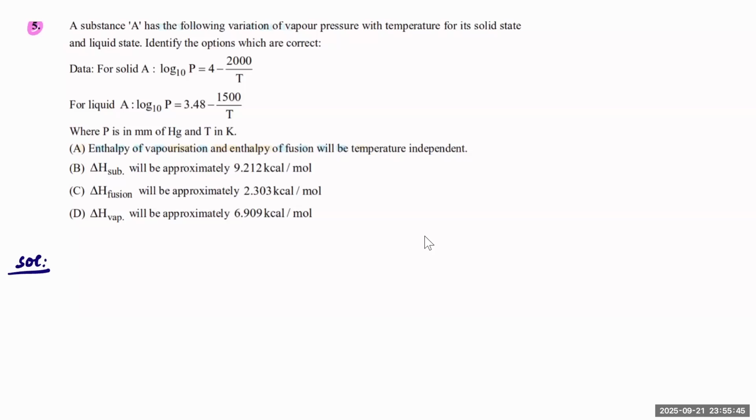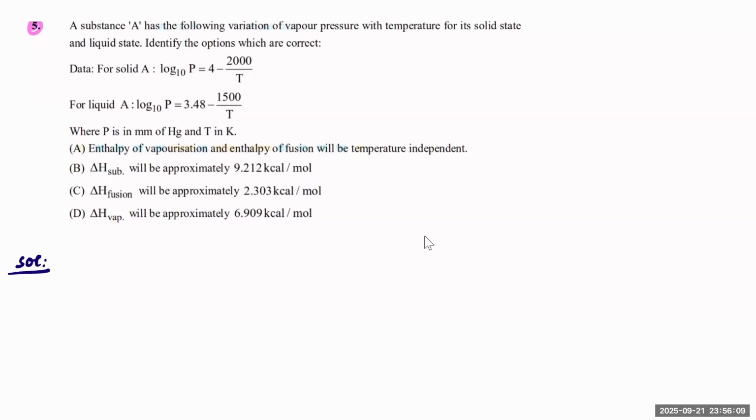For solid state A, P is given this way. For liquid state A, P is given this way. Enthalpy of vaporization and enthalpy of fusion will be independent. These are the options given.